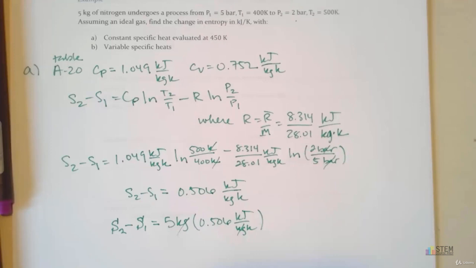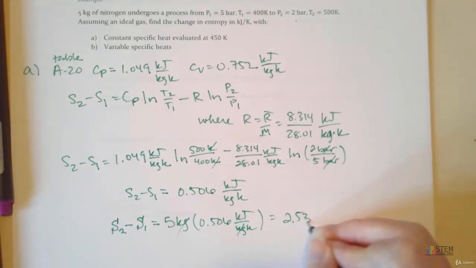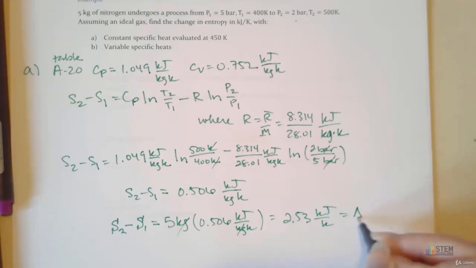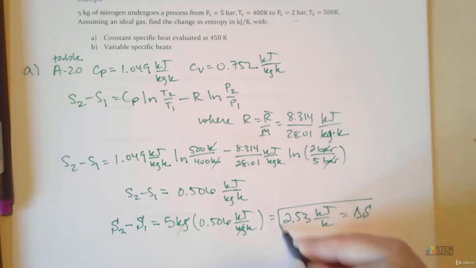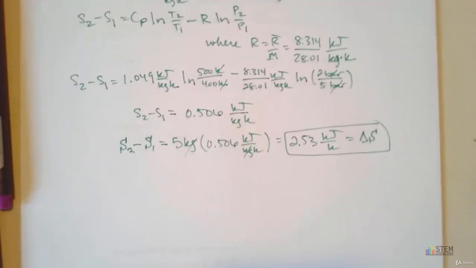Now kilograms is gone, and that'll give us 2.53 kilojoules per Kelvin. So that's going to equal our change in entropy. All right, so perfect. Done with that one. Now I got to go to part B.